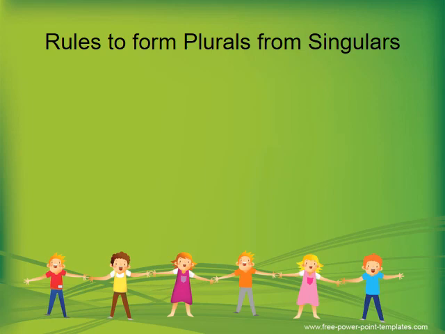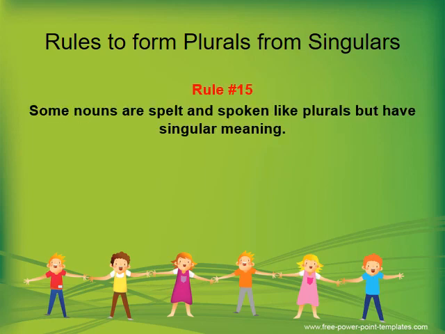To rule number 15. According to this rule, some nouns are spelt and spoken like plurals but have singular meanings. For example, civics. Now children, if you see the spelling of civics, it is spelled like plural, but actually it has a singular meaning.